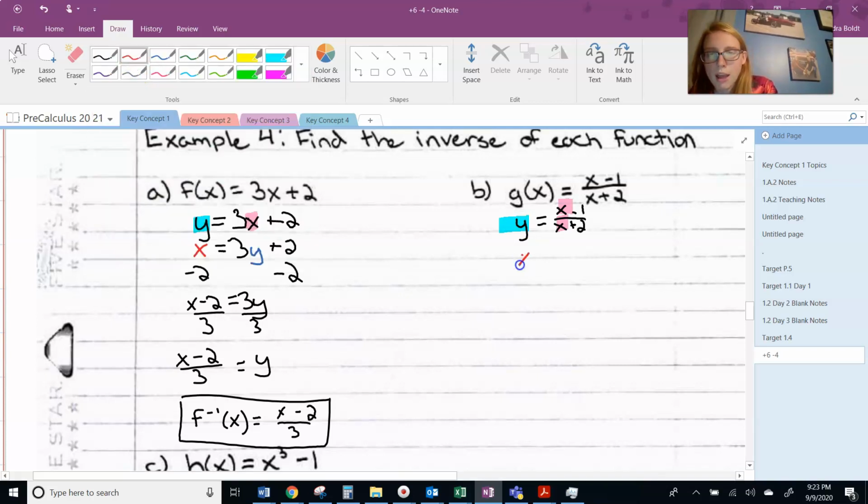So now I have x equals y minus 1 over y plus 2.